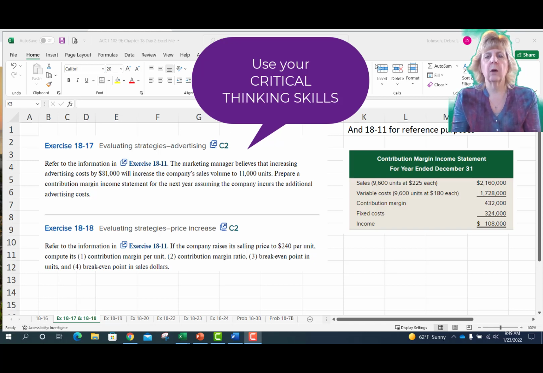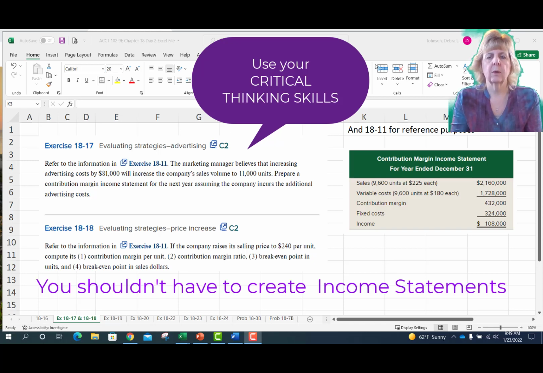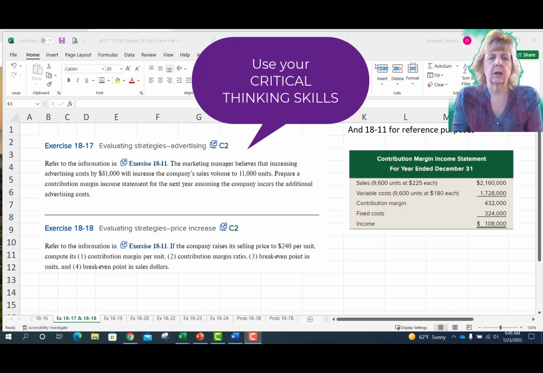I want you to get out of the habit of having to create income statements every single time that an item is changed. Instead, focus on what you know about cost, volume, profit, and see if you can recompute the net income given the different scenarios.